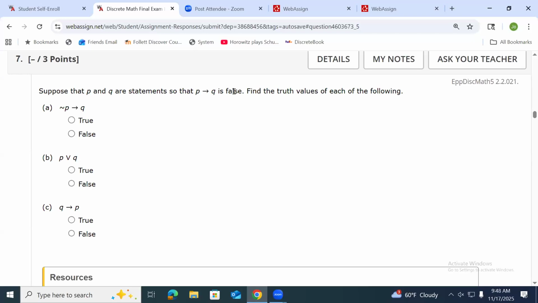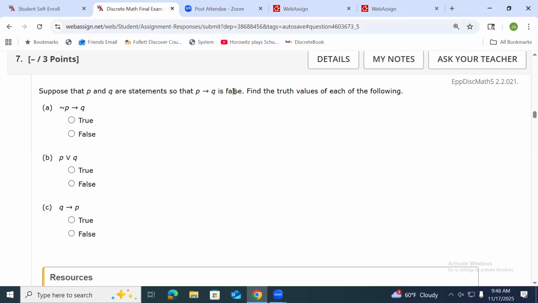Now that we know that, what would not P be equal to? If P is true, then not P is false, right? And anytime that you have a false here, that means the implication is automatically true. Do you know why?